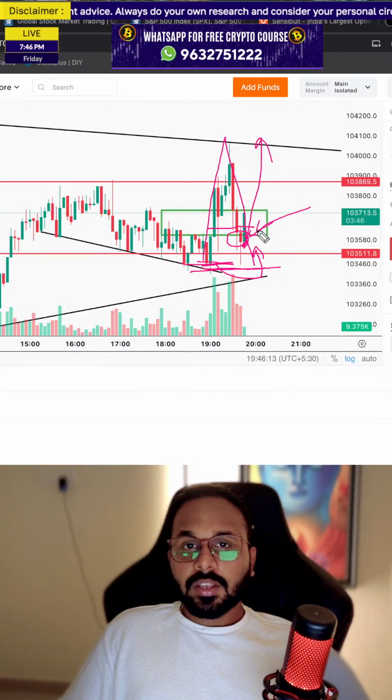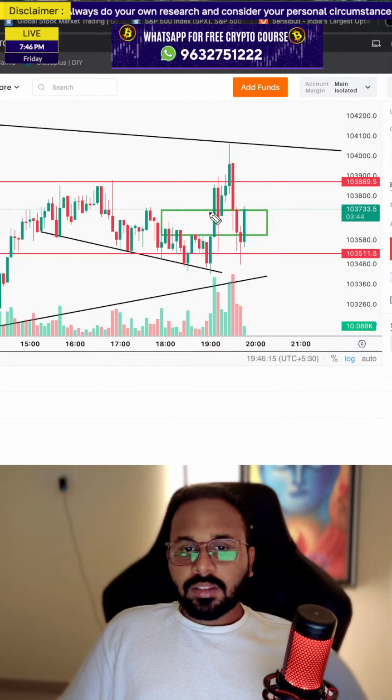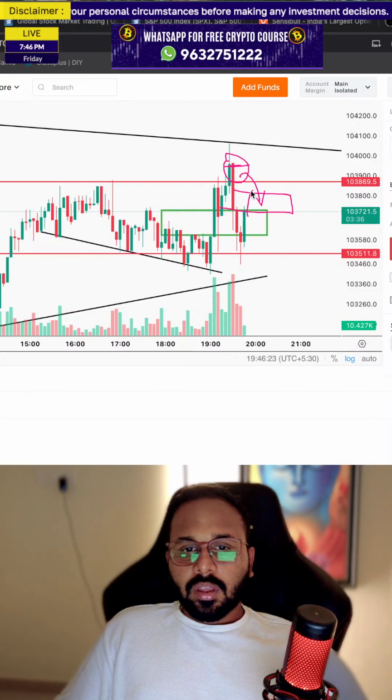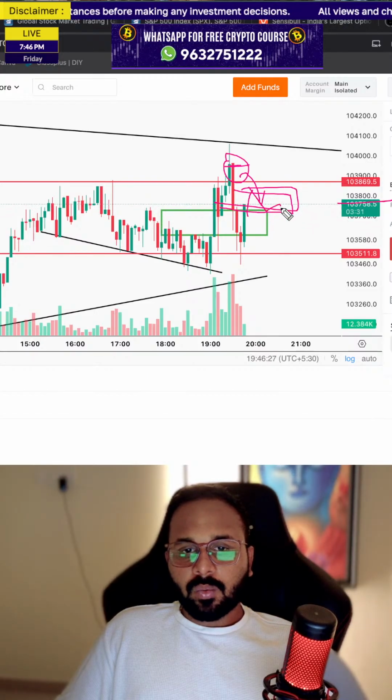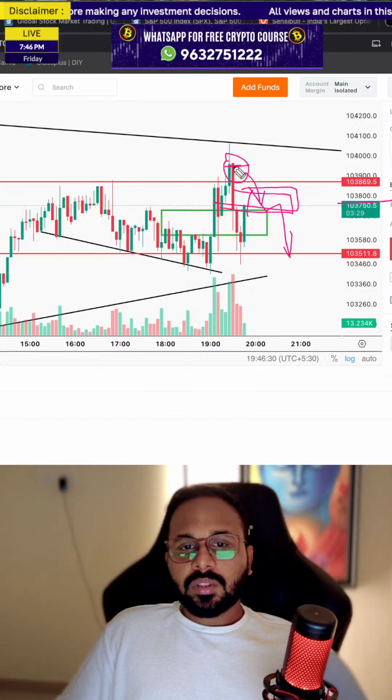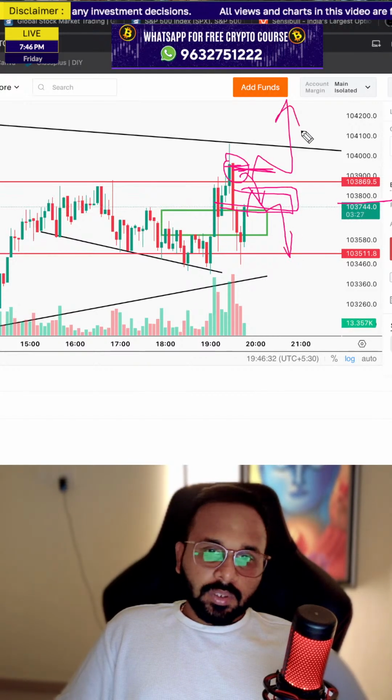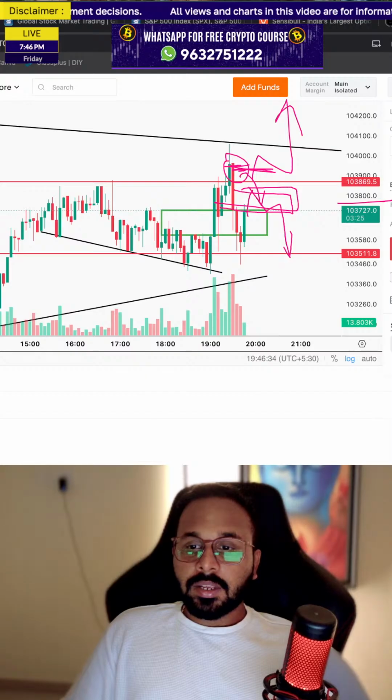That is the mindset we have to have, as long as there is no selling pressure again from the top. If this seller wants to hold the market again at this zone, 1,03,800, he will make one effort. If he allows the market to come up to that zone, then the upside movement probability is high.